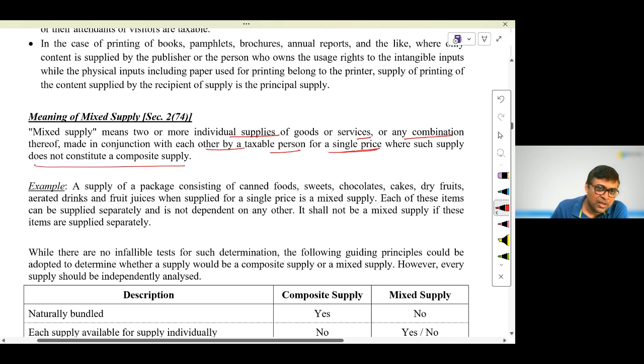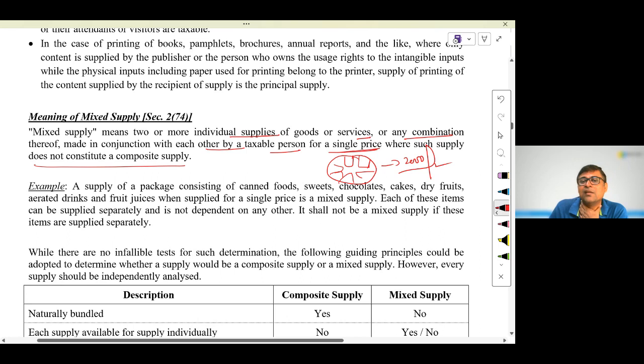For example, Diwali has just gone. If I go to Bikaram Chandmal or Haldiram Bhujiawala and buy some chocolates, some mithai sweets, some dry fruits, the entire plate I bought for rupees, say 2000.